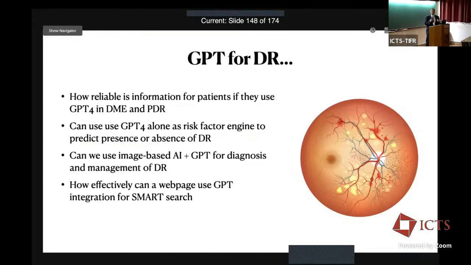If we have advised a person to get an injection, he'll ask GPT questions and GPT will give its answers. How reliable is it? Can we use GPT alone as a risk factor engine to detect diabetic retinopathy? Can we use images, as we have done earlier, and add GPT, which can prompt the management of diabetic retinopathy too? And can we use it for a smart search?